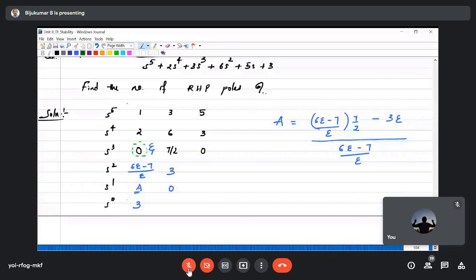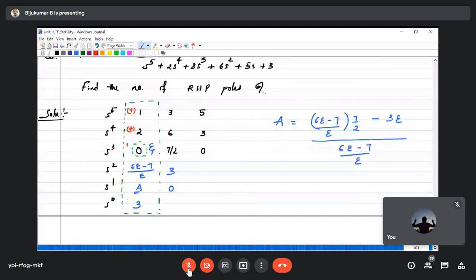Now, in order to check the stability, we need to check whether any sign change occurred in the first column or not. This is a positive number, this is a positive number. Let us assume this epsilon is a small positive number.